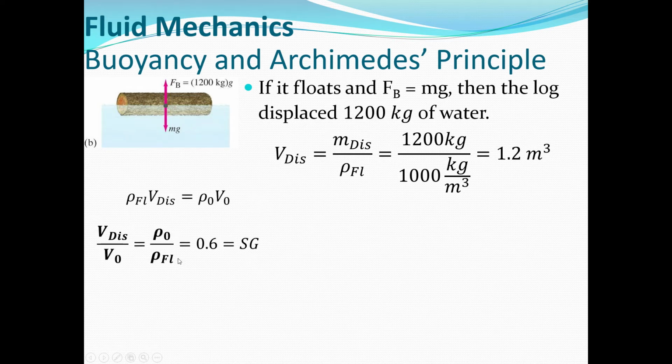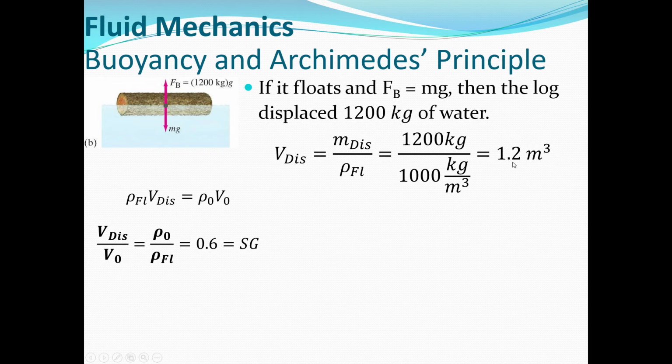So going back to this, if we take this number, our original volume was 2 meters cubed. So if we find the ratio of the volumes, if you recall, this was our definition. When it's floating, this is true. We move the fluid density over, we move this log volume over.